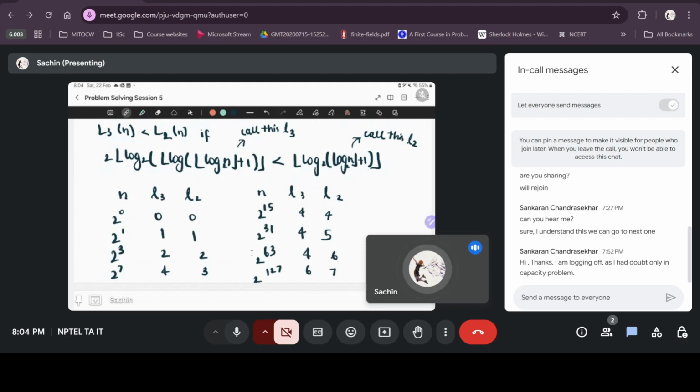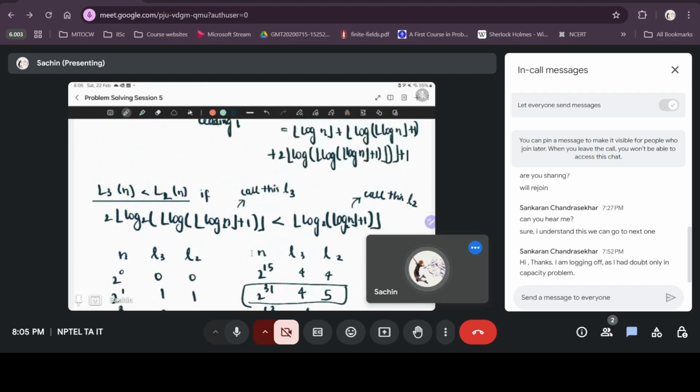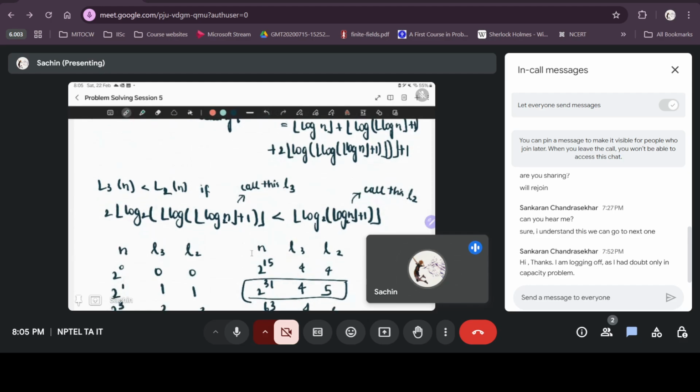At this point, L3 is less than L2, which means this capital L3 is less than capital L2 of n. So that means B3 of n is better than B2 of n.